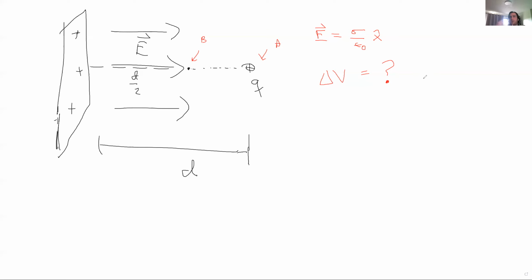So let's try to do it together here. Let's try to think through it together. So what are your thoughts? What formula or thought process do we want to start with? I'll let you tell me, and then I'll do it up here. So we're trying to calculate delta V. We go from point A to point B. Simple as that.